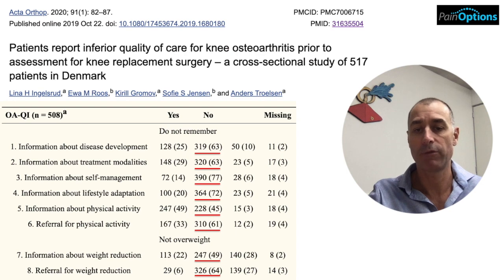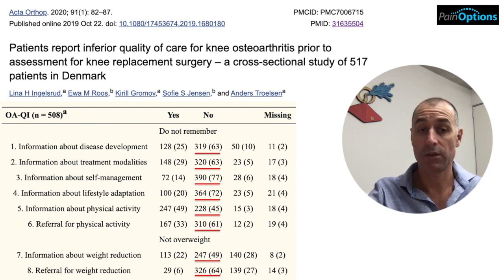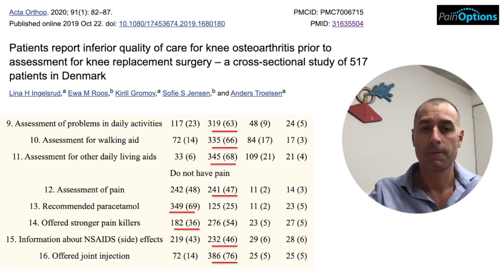And actually referred for physical activity, 61% said they weren't. About dropping weight, 49% said they weren't educated about that, and 64% said they weren't referred for assistance with weight management. And this is arguably in one of the countries with the best programs around managing knee osteoarthritis. So there's a real problem there still with the message getting through.